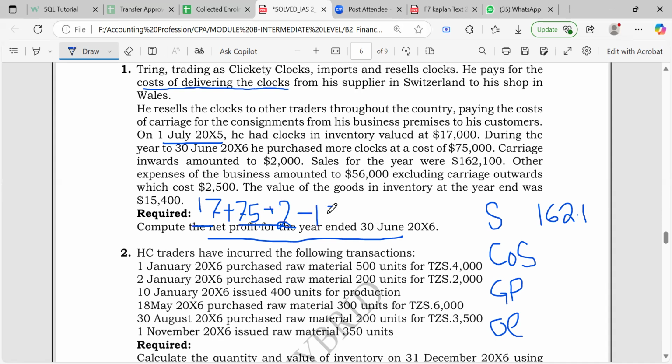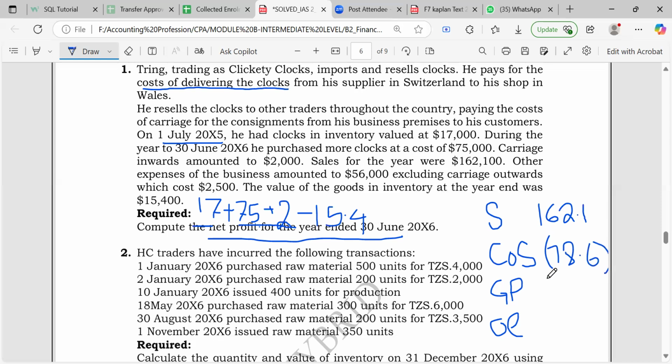So if you add them and deduct, you get the cost of sales: 17 plus 75 is 92, plus 2 is 94, 94 minus 15.4 is 78.6.